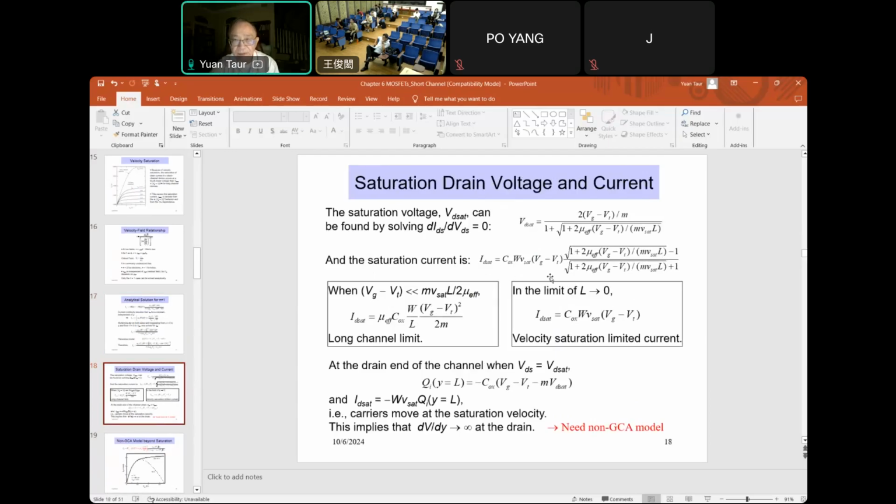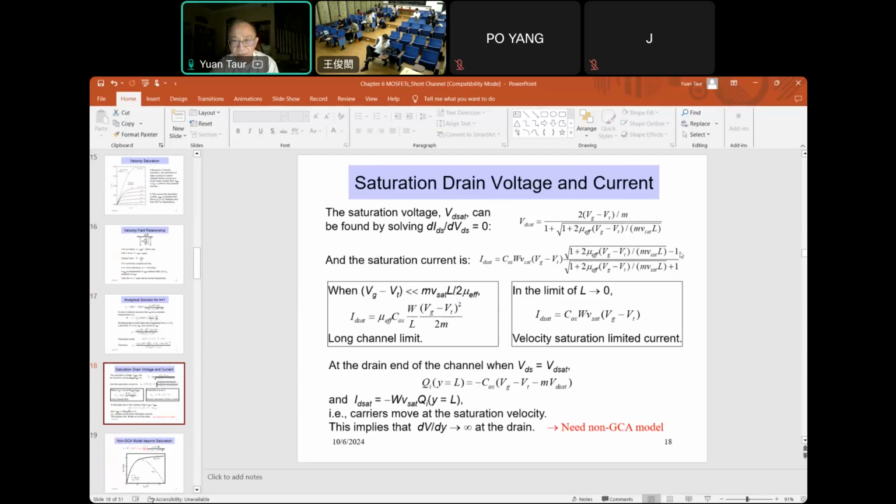Now there are two limits for this case. In the long channel limit, it's when this is much less than that. In that case, the numerator here has to be expanded using a power series to have the zeroth order term and the first order term, because it's 1 minus 1.